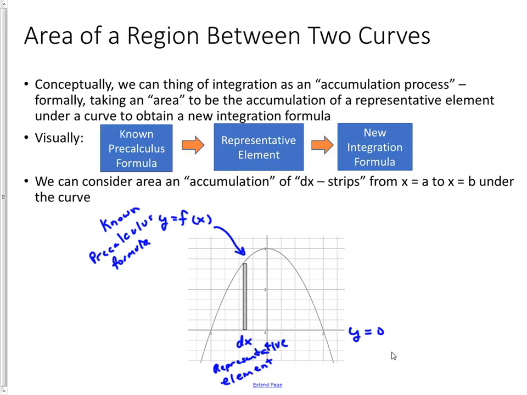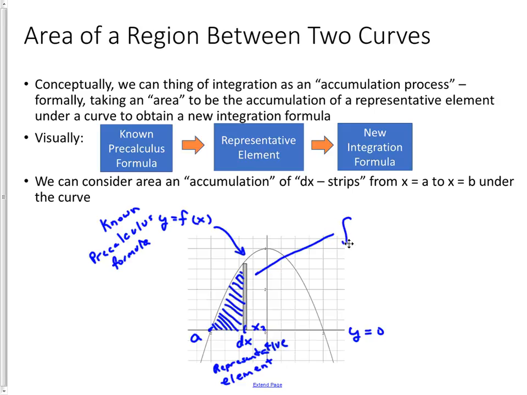Well, let's limit ourselves to just looking at a small element right here. Let's say we're starting over here at this point A, and we're going to go to some value, and we'll call it x sub 2. What could we say? Well, the area that has accumulated between A and x sub 2 is going to be a new integration formula.